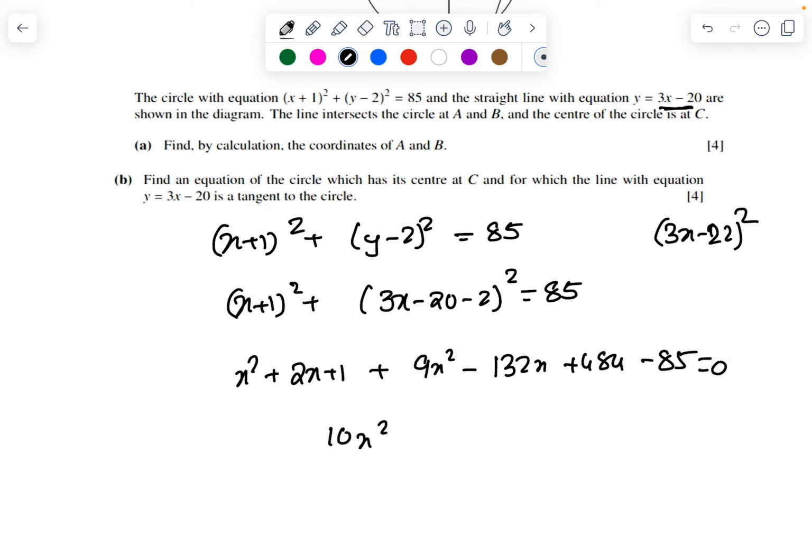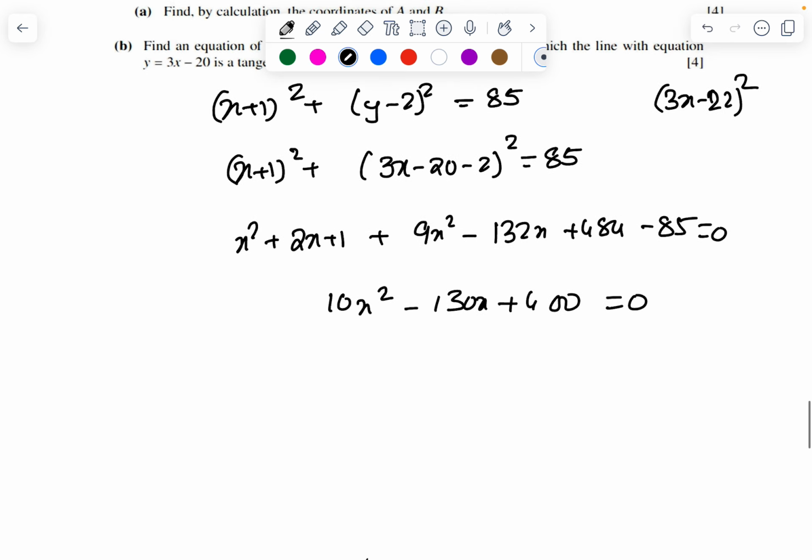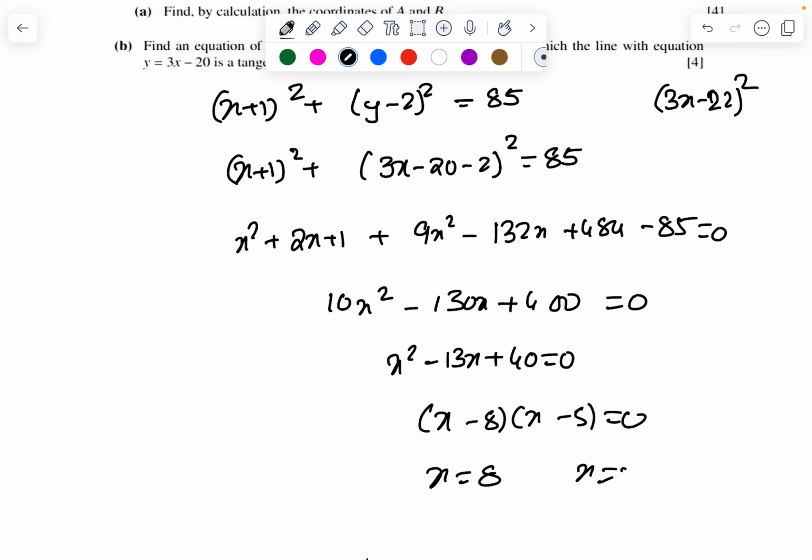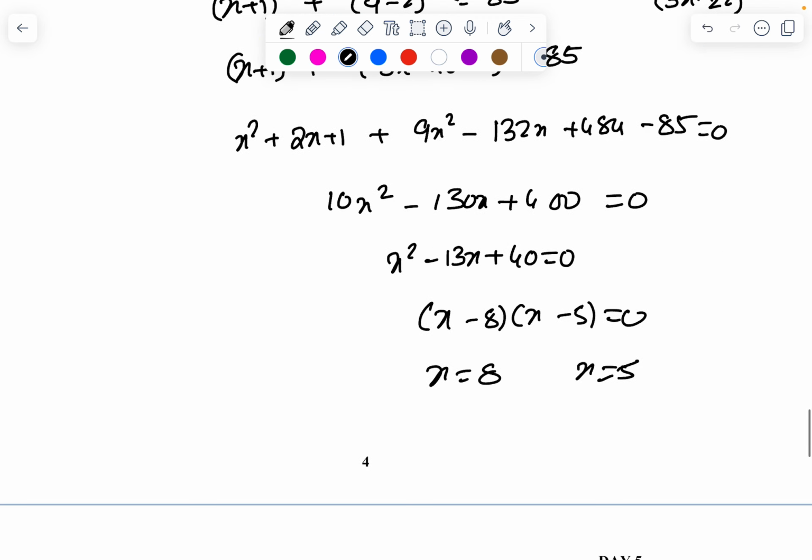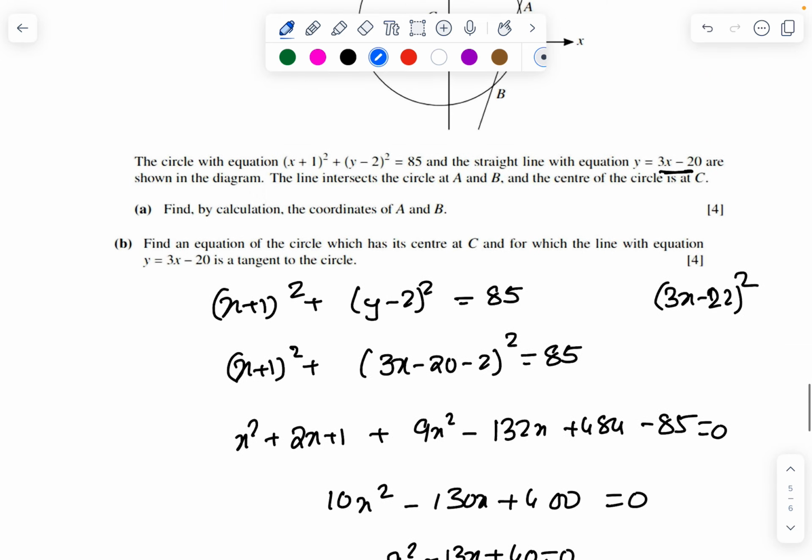This gives me 10x square minus 130x plus 400 equals 0. So which is x square minus 13x plus 40 equals 0. (x minus 8) times (x minus 5) equals 0. So x equals 8, x equals 5. Now, we know that y equals 3x minus 20.